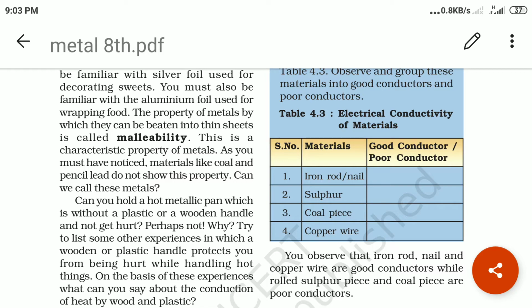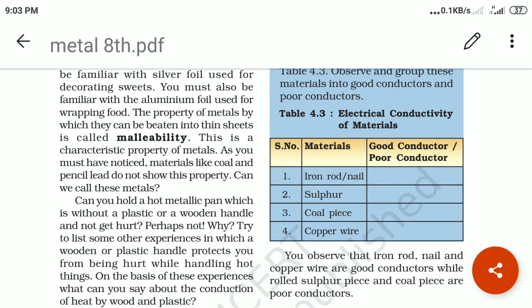Materials like coal and pencil lead do not show this property. Is it possible to show malleability in a pencil lead?